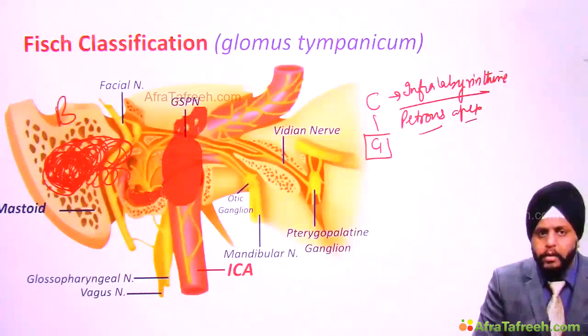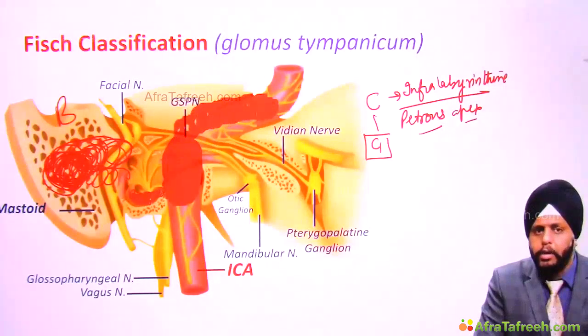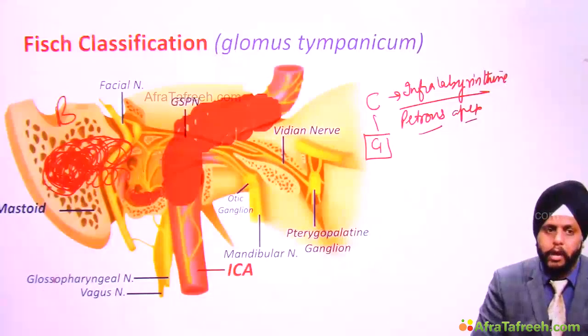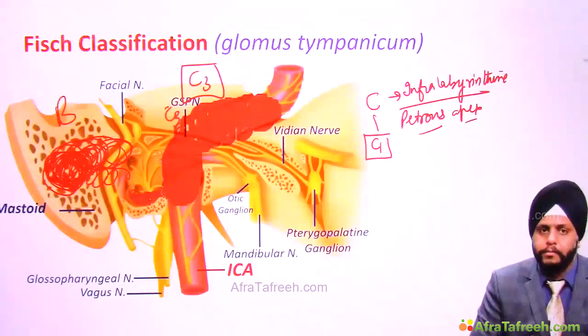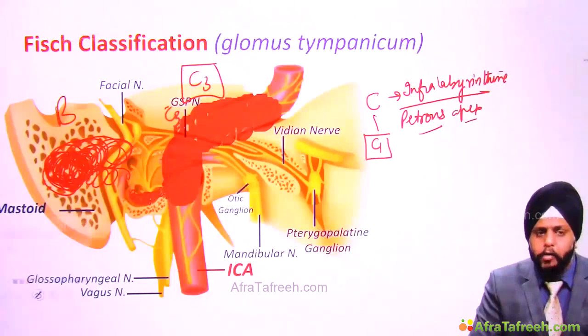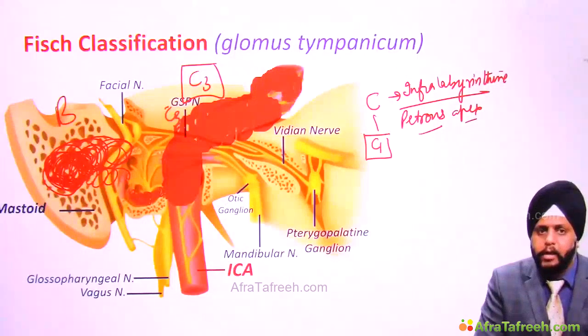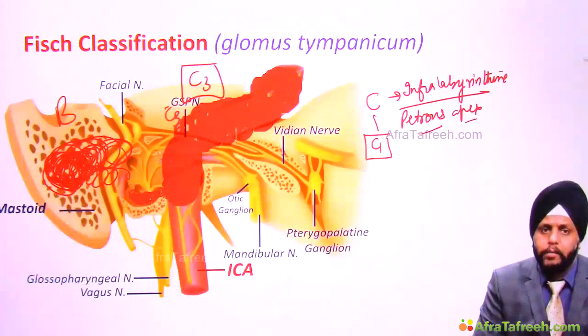C3 means even the horizontal segment is involved. Okay, that is C3. And now if the tumor goes to the cranial cavity, if there is an intracranial extension, so now intracranial extension is known as type D. Type D.